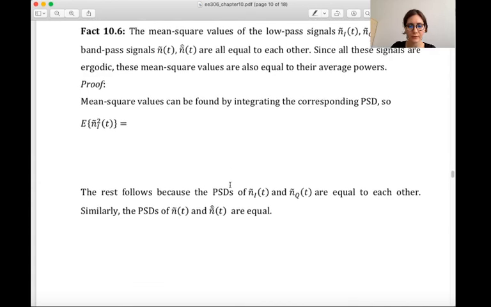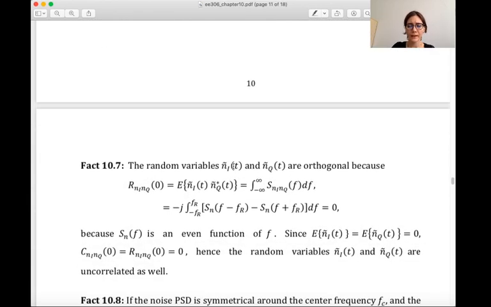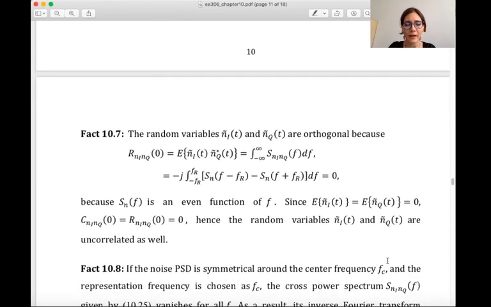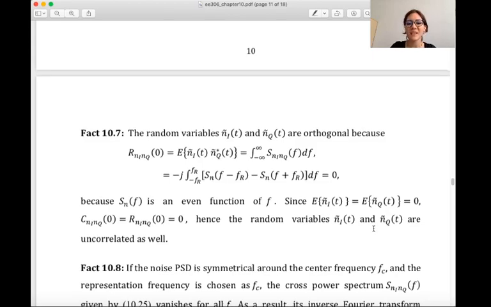Ni and Nq, we first showed that they're orthogonal because multiply them, the expectation is 0. But these are also zero mean, which implies that these are uncorrelated. Now, we are also assuming that these are Gaussian. So uncorrelated random variables which are Gaussian imply independence. So Ni of t and Nq of t, take any t value, these two random variables are independent random variables.